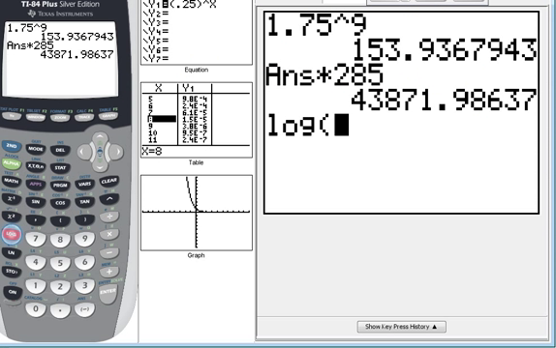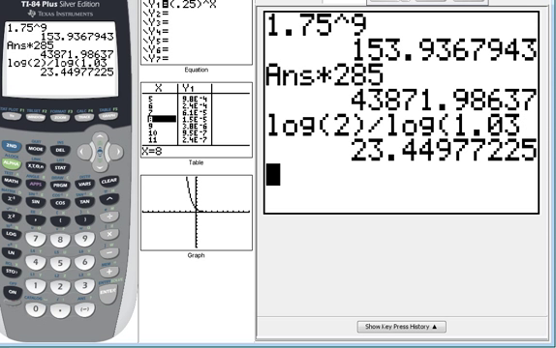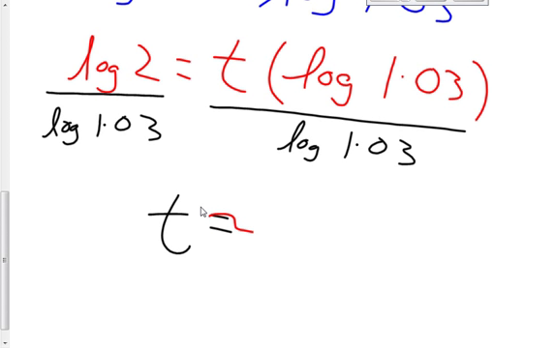The log of 2 divided by the log of 1.03. Our answer is how many years? Approximately 23 years. Round to the nearest year again. t is approximately 23 years.